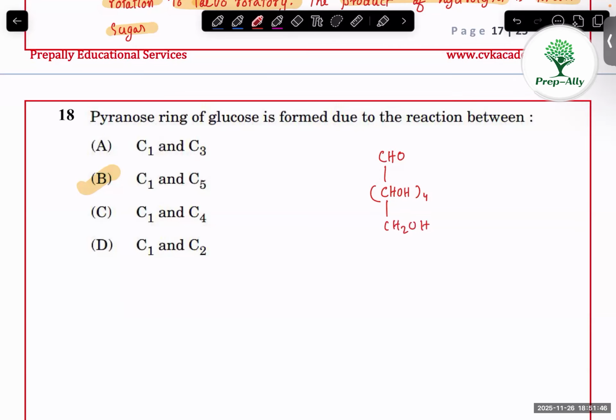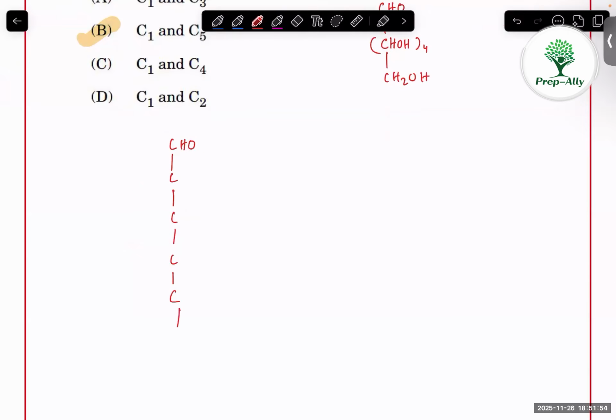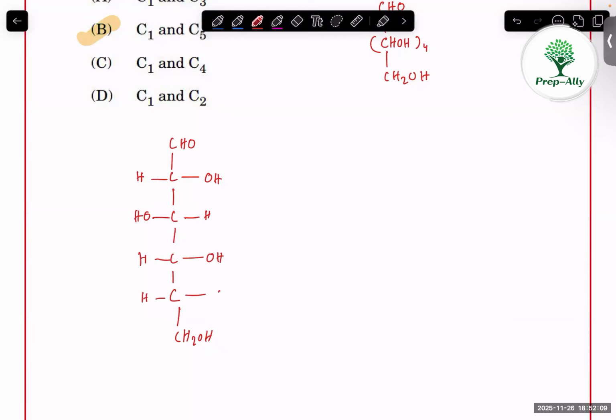So this is the structure of glucose. This I can also draw this way: CHO, C, C, C, C, 2, 3, 4, 5, CH2OH. So here H, OH, OH. So this is 1, 2, 3, 4, 5, 6.